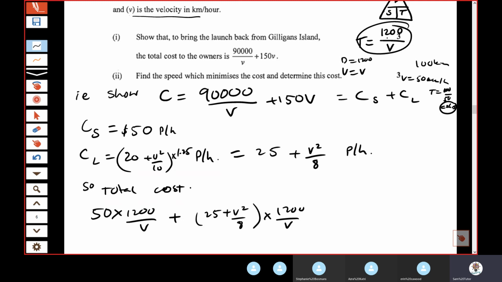So you don't know what the total time is. The reason why you don't know the total time is you don't know the speed. But it's trying to say you can find an equation regardless of the speed. So then you can just plug in any V in here, it will give you the total cost. So if I say, hey, you guys can travel at 100 kilometers an hour, then it would tell me the cost to me as an owner.